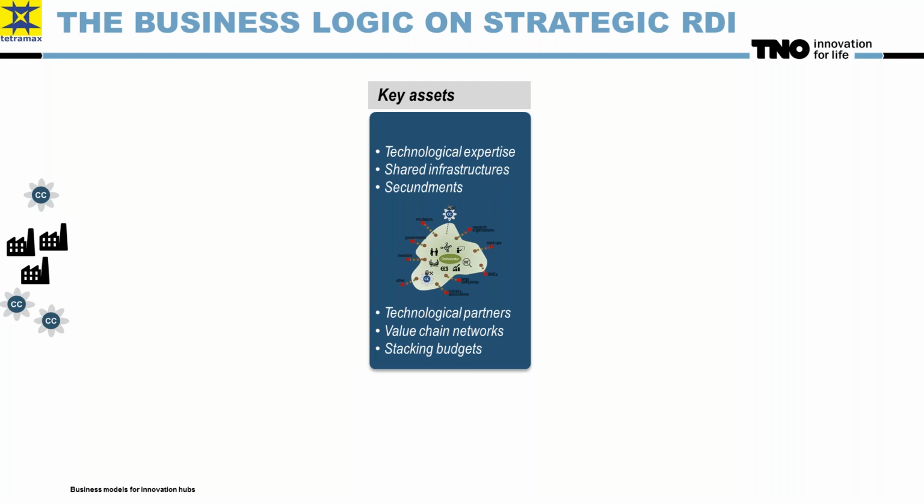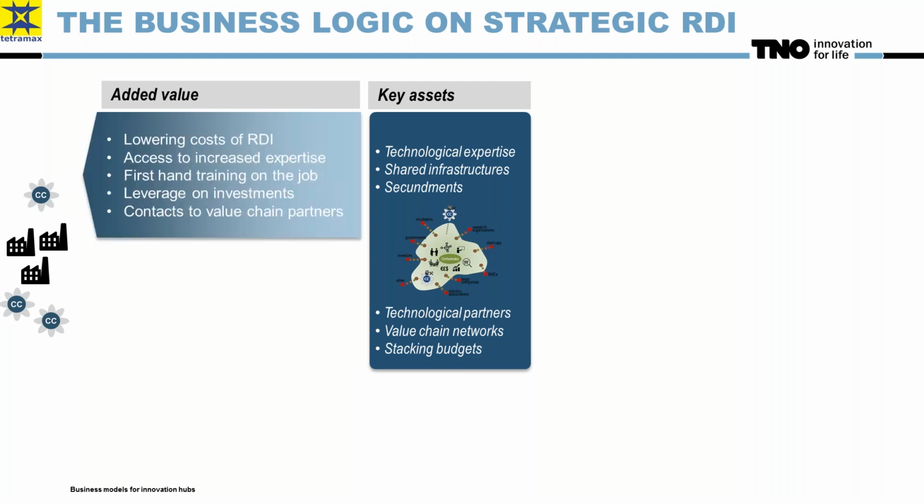It's the ability to share infrastructures, allowing secondments on the premises, access to technological partners, value chain networks, and the ability to stack budgets. Those are key assets that you can bring into the game to convince customers as well as competence centers to add value. And the added value is about lowering costs for RDI. It's access to increased expertise.